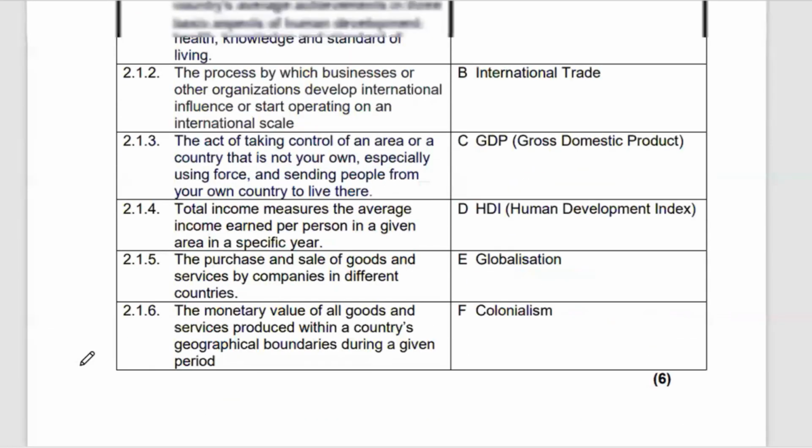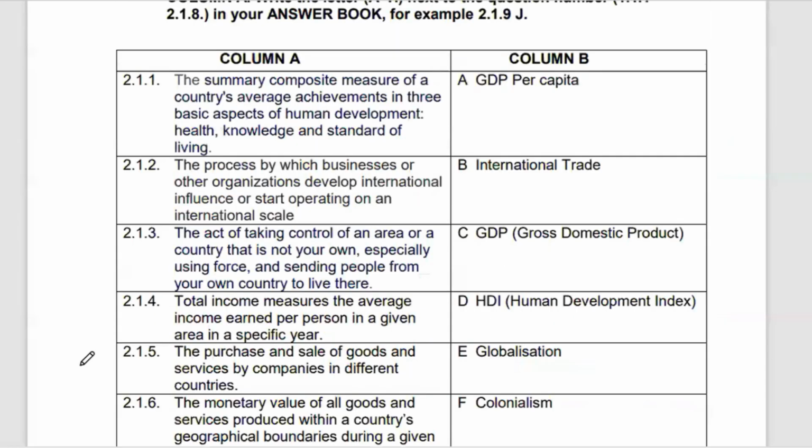We have: the summary composite measure of the country's average achievements in three basic aspects of human development: health, knowledge, and standard of living. That is HDI, the Human Development Index.